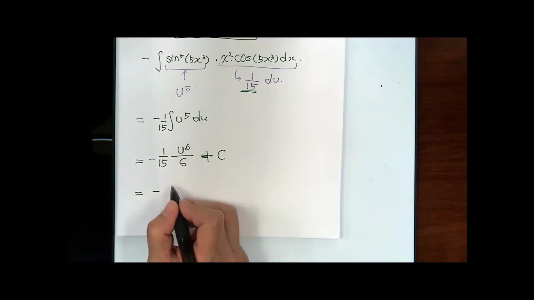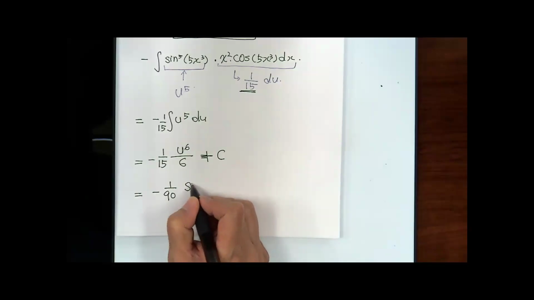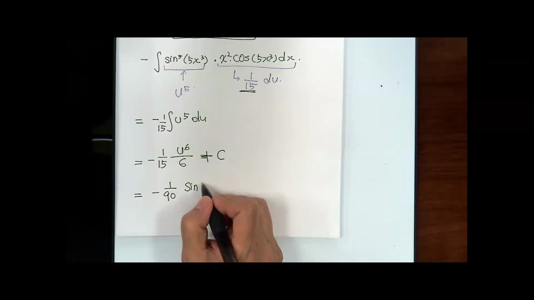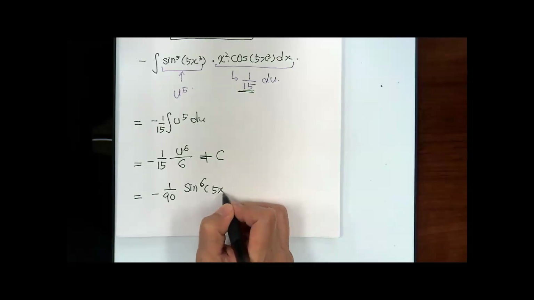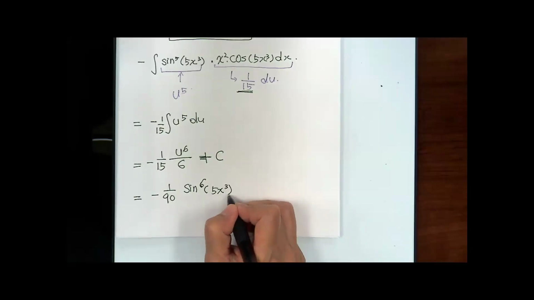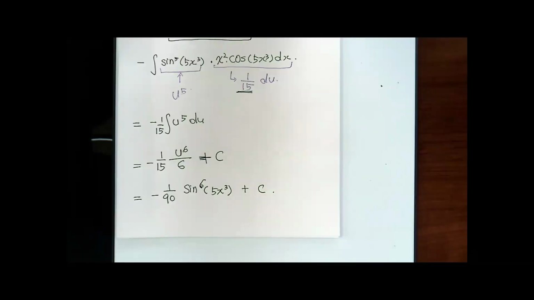That is minus 1 over 90. U is sine. So sine to the 6th power of 5x cubed plus c. Do you have any question?